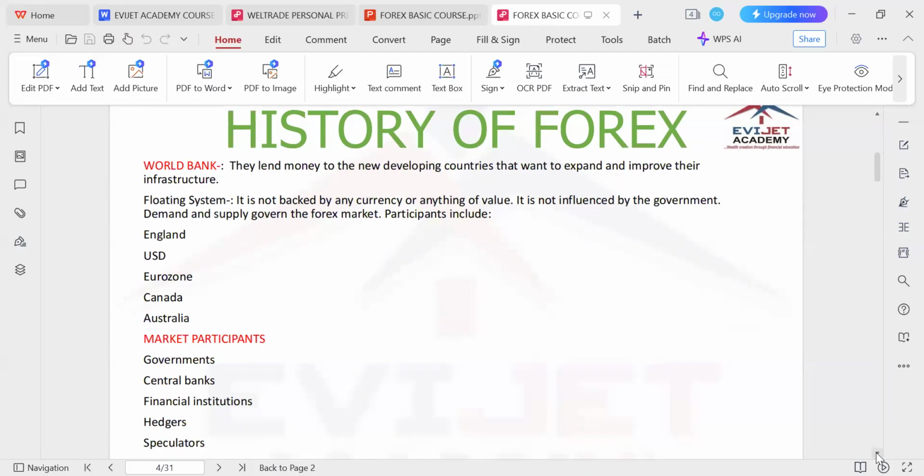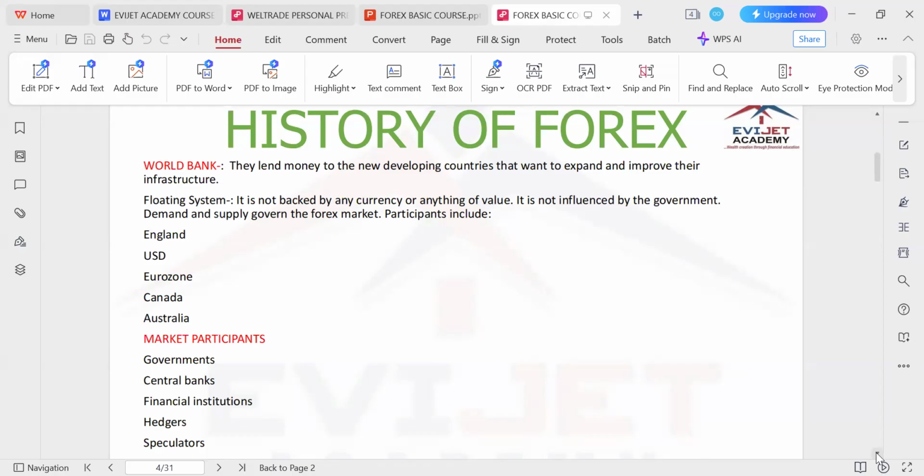They lend money to new developing countries that want to expand and improve their infrastructure. Floating system: it is not backed by any currency or anything of value. It is not influenced by the government; demand and supply govern the Forex market.